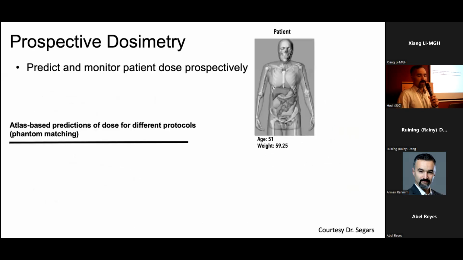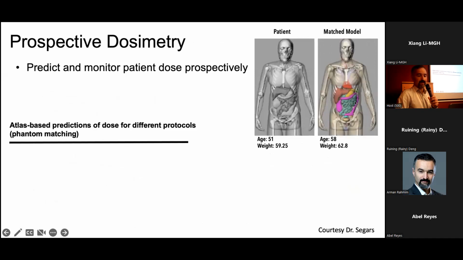But you could also do it prospectively, meaning when a patient shows up to the clinic, you would find the digital anthropomorphic phantom that best matches them in terms of, for example, geometry, shape, just size in general, or whatever criteria you have for matching.